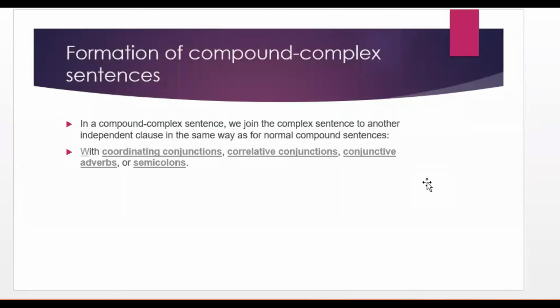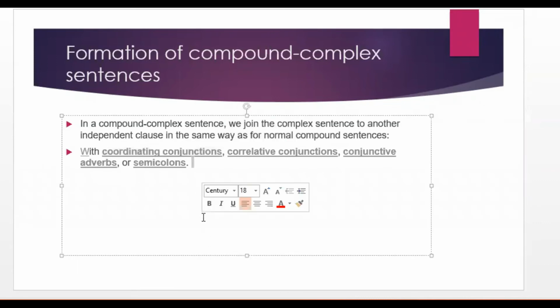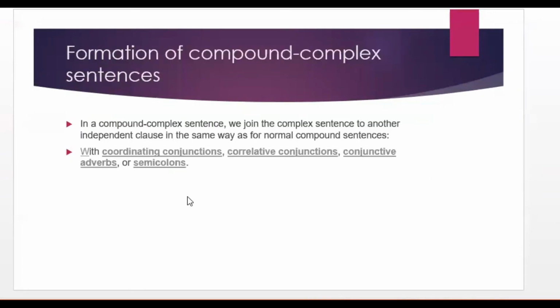Now, when we looked at compound sentences, we joined those using what we refer to as coordinating conjunctions, right? Now, you will be introduced to a few different terms here this afternoon. That's why I said we will go slowly.